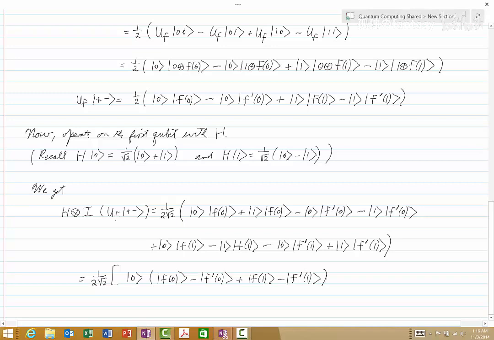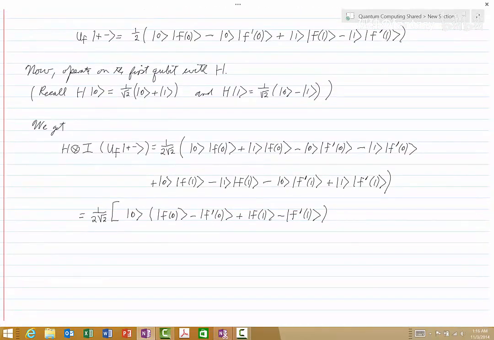And those are all the terms having 0 as the first qubit. And then let's collect the terms having 1 as the first qubit.